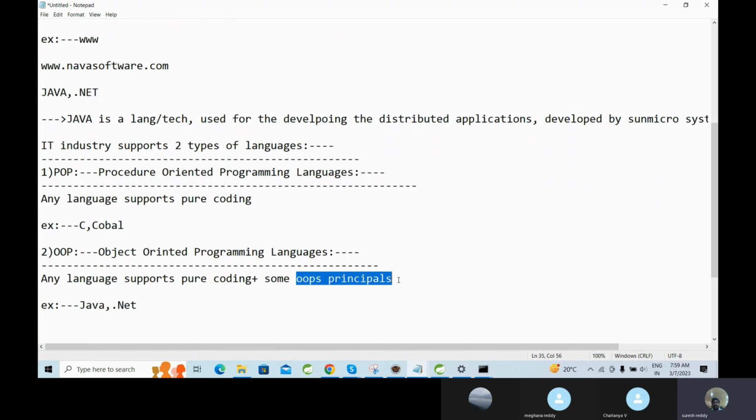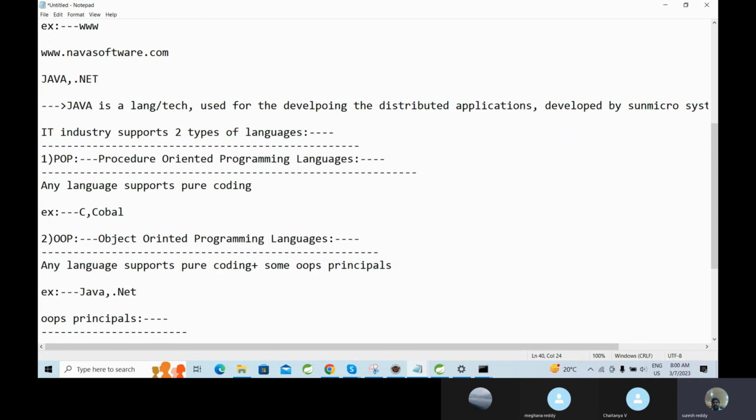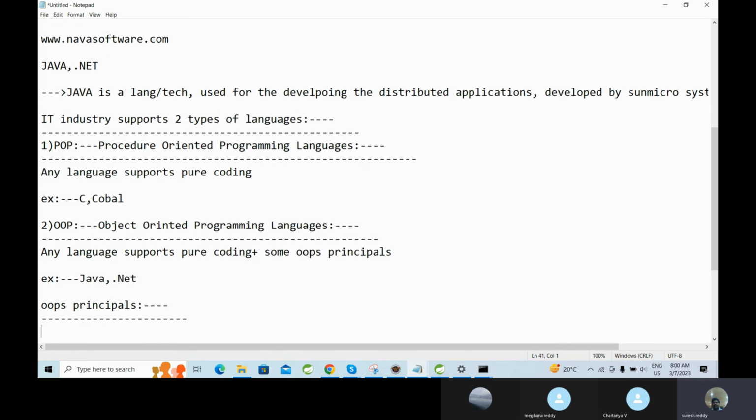Without these OOPS principles, it is not possible to do anything. Even the first program is not possible. That much importance is there for the OOPS principles.